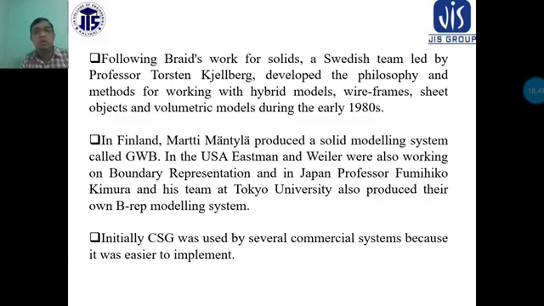Here, how you represent, how the boundary representations function, and how you generate the boundary representation.